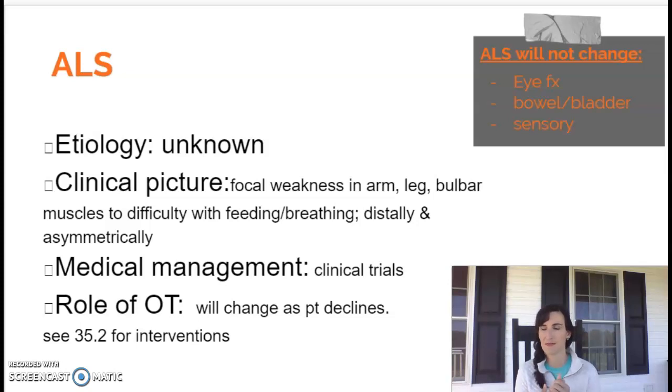We're not going to be expecting progress of sorts, okay? And so that's important for you to know, even if the family tries to push you to do more of those types of things, you need to have this knowledge in your mind. And then you also need to stay clinically relevant, because these things could very well change in the next few years as they continue to do research, right?